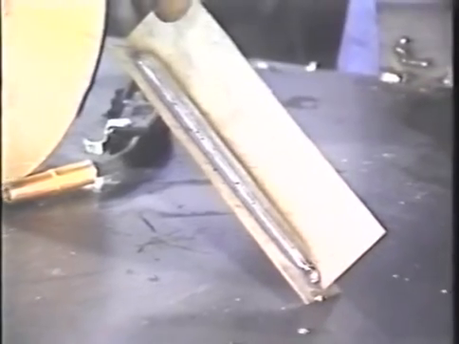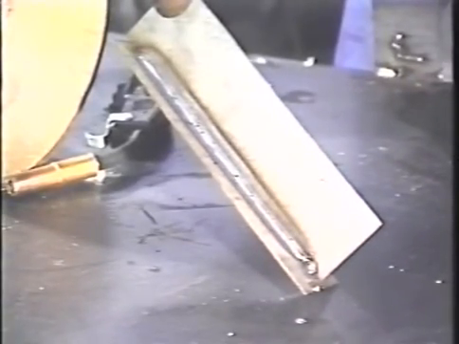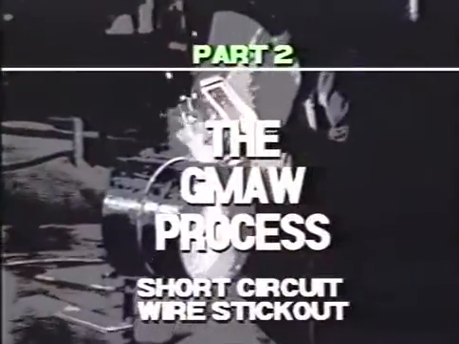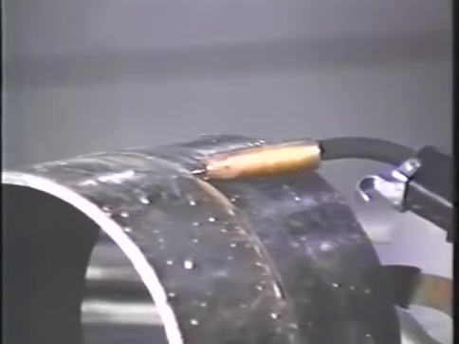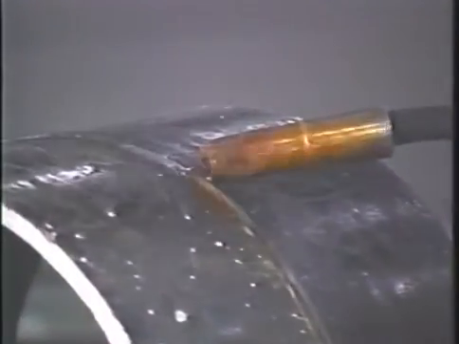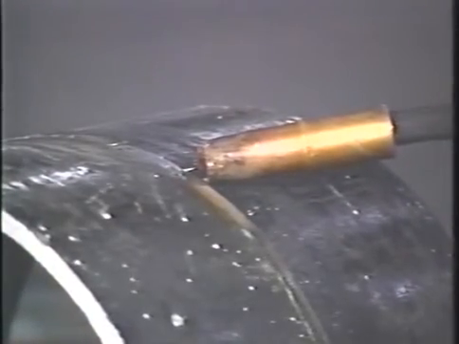And it's really not so much welding technique as it is simply setting those parameters where they should be. It doesn't matter whether you're welding a pipe or a piece of sheet metal. You're going to use short circuit welding.